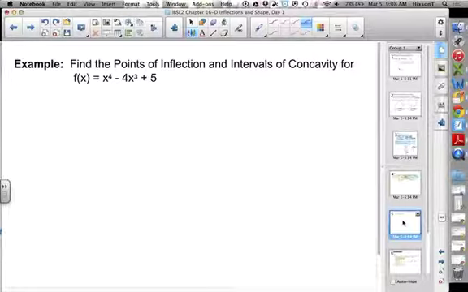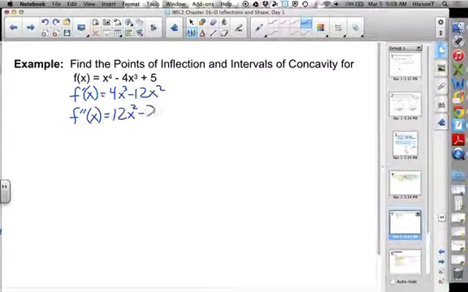f prime of x, with a polynomial, you guys are good at these now, is 4x cubed minus 12x squared. f double prime of x is 12x squared minus 24x.